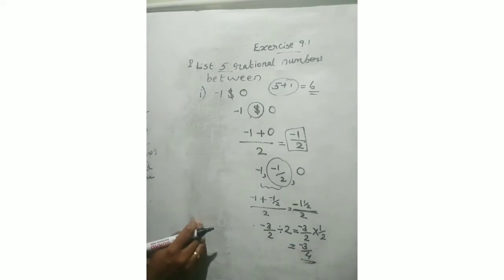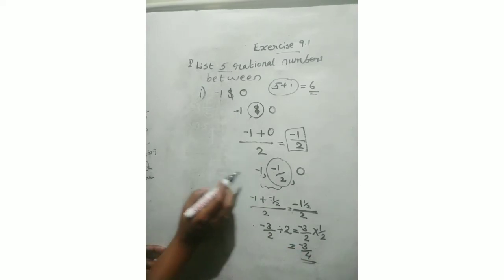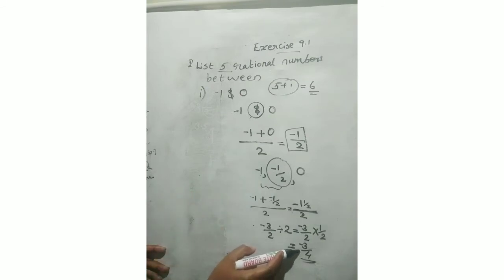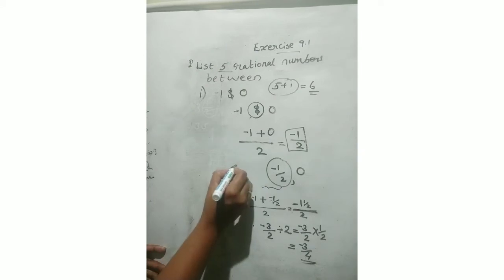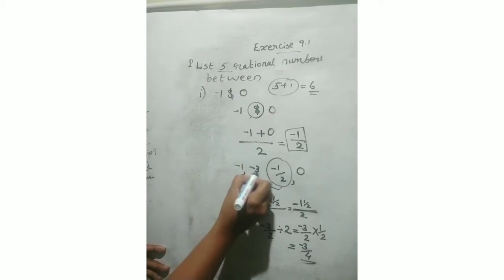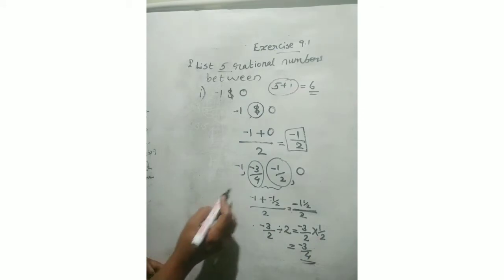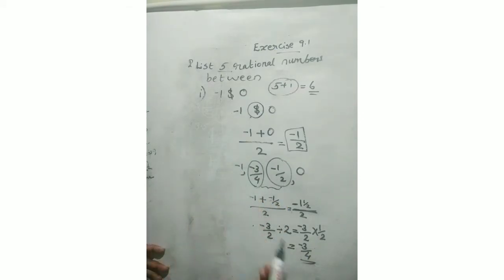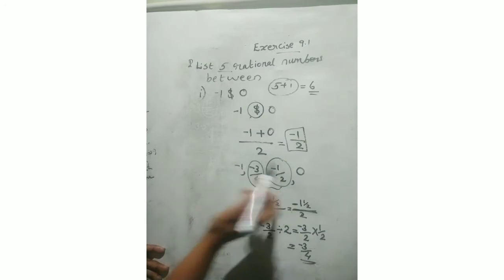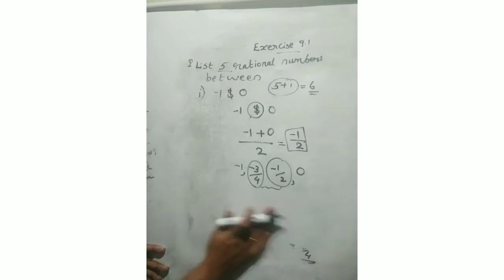So now negative 3 on 4 is another rational number between negative 1 and negative 1 on 2. Do you have doubt?